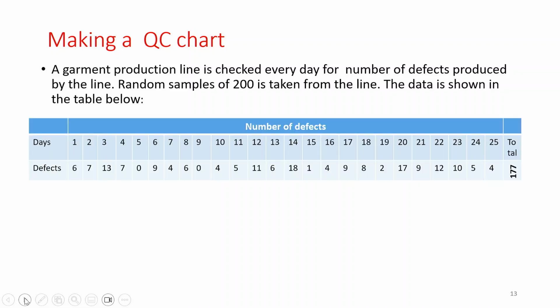So the number of defective garments is what is shown here, from day 1 to day 25. For 25 consecutive days, there's one particular line we have chosen, and we see how many defects there are in this line. Day-wise details are given.